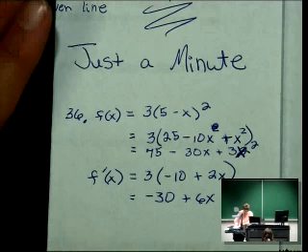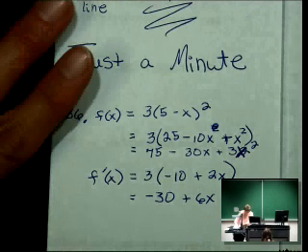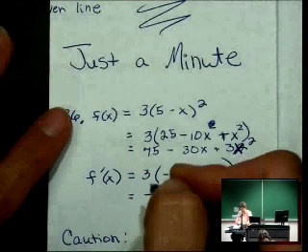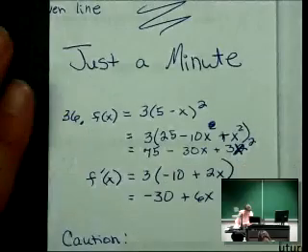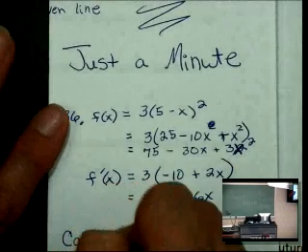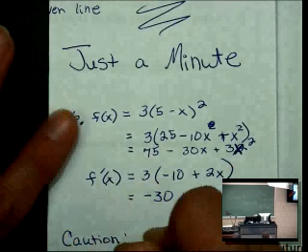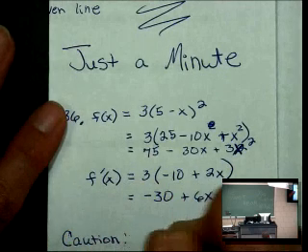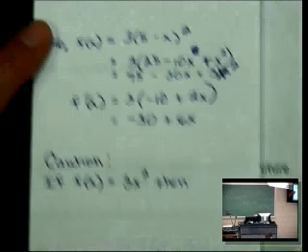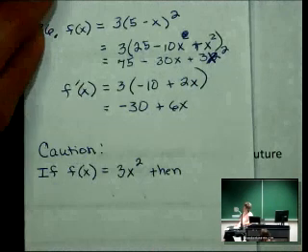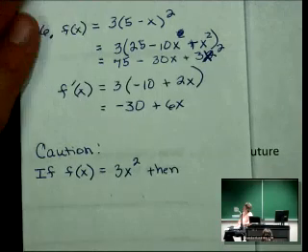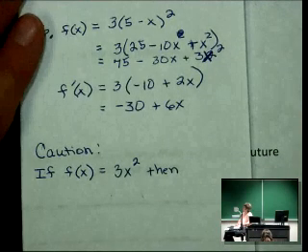I just thought of a caution I could write for you. If the function is 3x squared, and I just want to differentiate the x squared, what do I do with the 3? Keep up with it or lose it? Keep up with it.